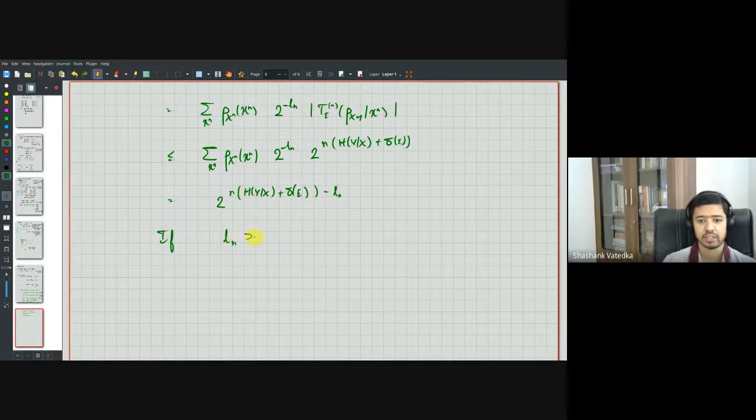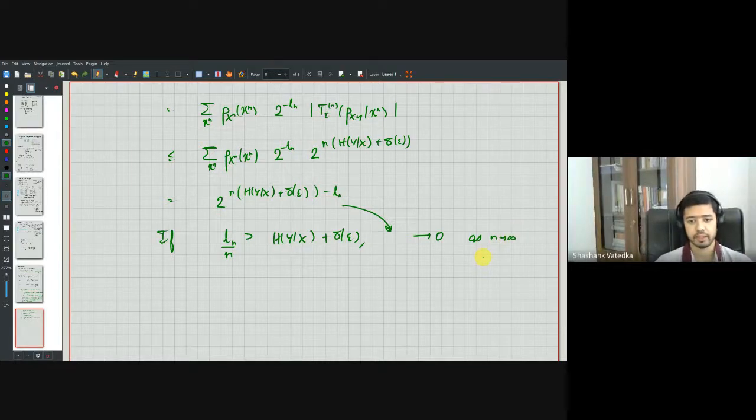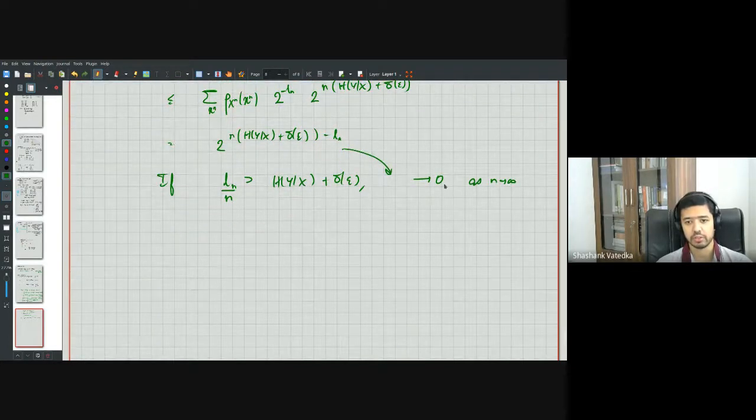As long as ln over n is strictly greater than h of y given x plus delta of epsilon, this probability tends to 0 as n tends to infinity. And that is indeed how we are choosing R1 and R2. You know that ln over n converges to R1, which is greater than h of y given x plus some epsilon, and therefore this probability tends to 0 as n tends to infinity.